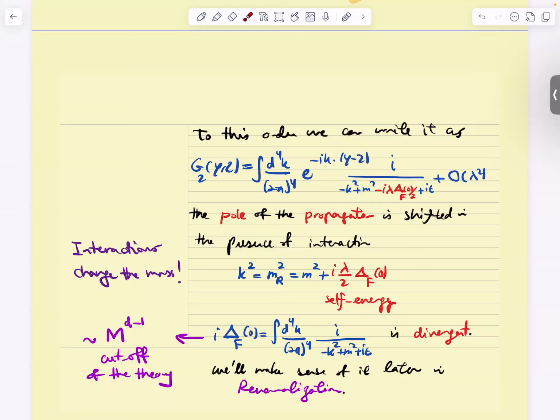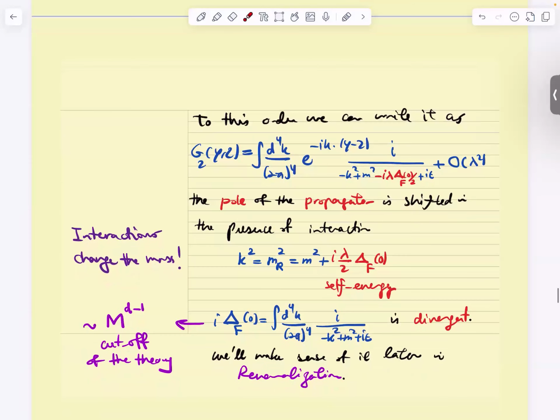How are you going to connect them? You cannot. So this is one of the millions of advantages of diagrams. But as I said, the mass renormalization is infinite. We need to cut it off, and we have to make sense of this later in renormalization theory.